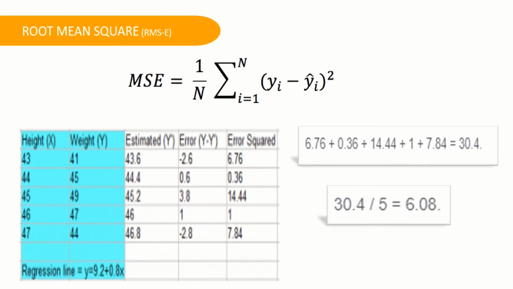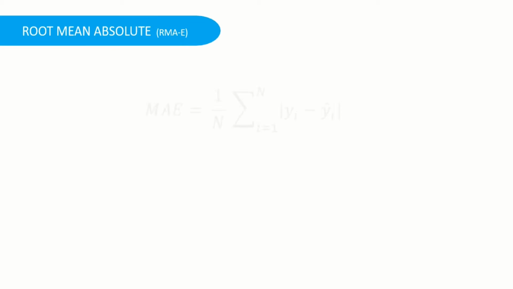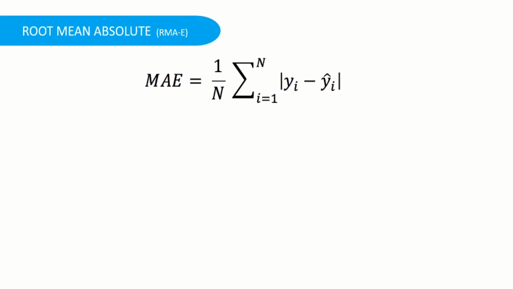Now let's understand what is root mean absolute error. After understanding root mean square, this is going to be a cakewalk for you. It is defined by the formula 1 by n summation of the absolute value of yi minus yi cap, where yi is your actual data and yi cap is your predicted value. So the absolute value of the difference between actual and predicted value and its mean is known as root mean absolute error.